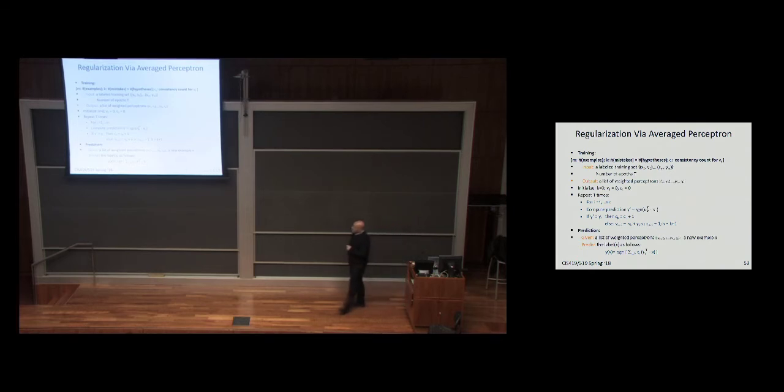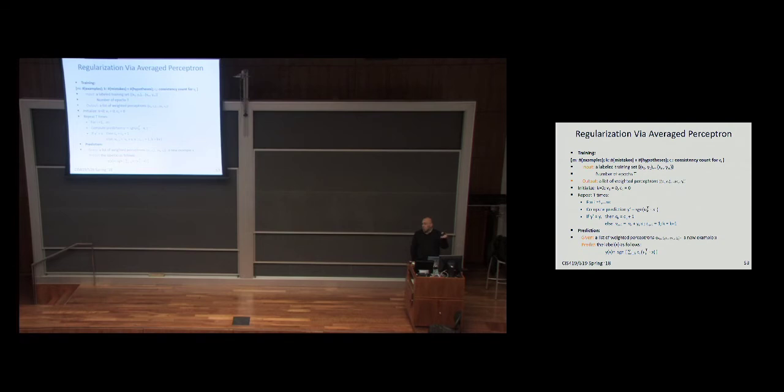I fixed the typo that was here last time. Basically, I'm not going to reread this algorithm because you saw it and you'll see it again in the homework. The basic idea is that you run the Perceptron. You can run any other online algorithm instead of the Perceptron. You have your weight vector. You run it until you make a mistake. If you haven't made a mistake, you just keep the same hypothesis.